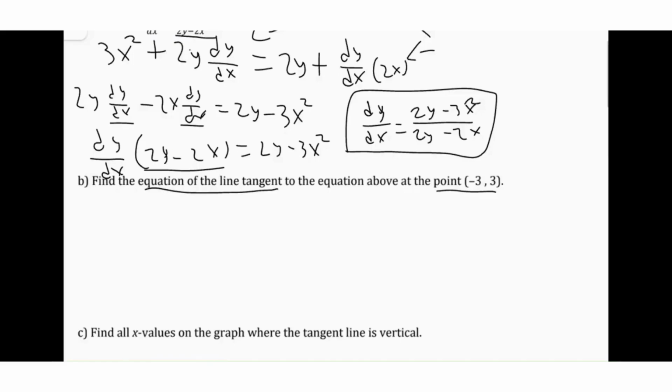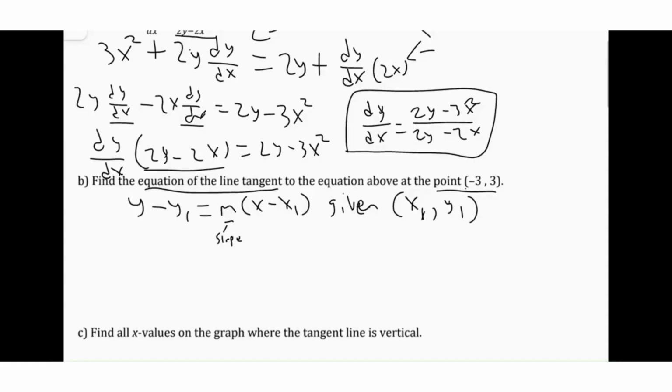You're familiar with y equals mx plus b, but it's also simpler most of the time to just do y minus y1 equals m, m being your slope, times x minus x1. And this is used given a point x1 comma y1.